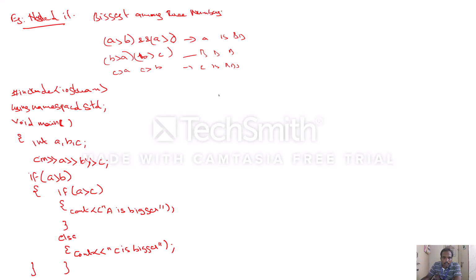Otherwise, if the condition is false, else if B greater than C, then cout B is bigger.